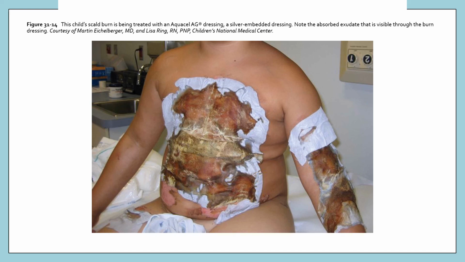You never want the burn to dry out, so it's always got to be covered with a non-adherent, petroleum jelly infused kind of dressing. Sometimes they use silver nitrate in these wounds to prevent infection as well.